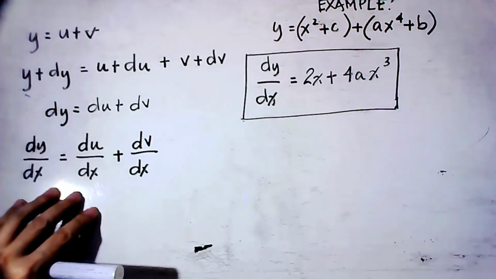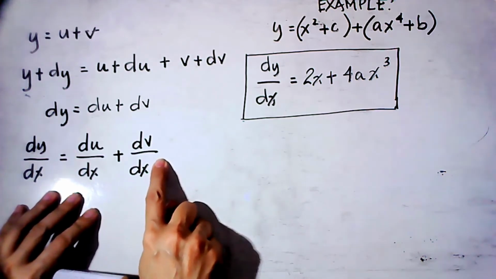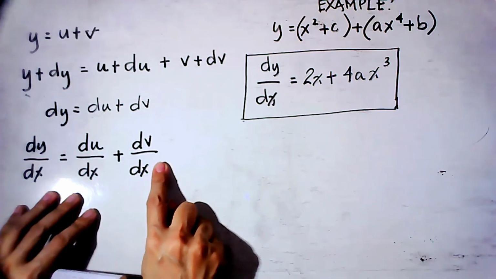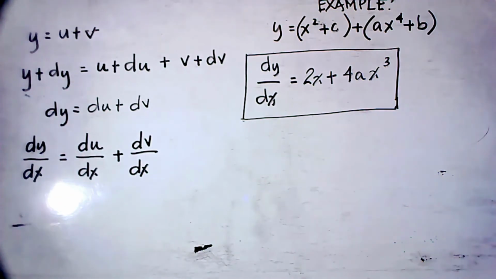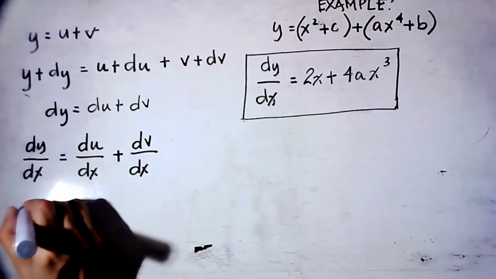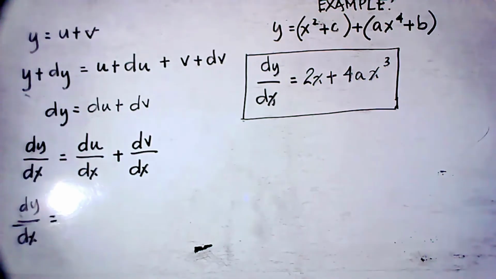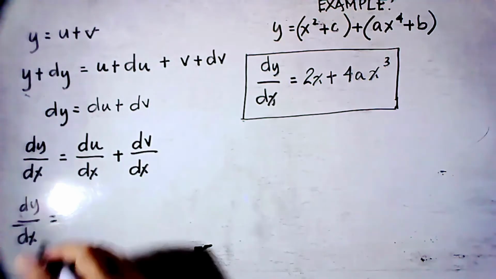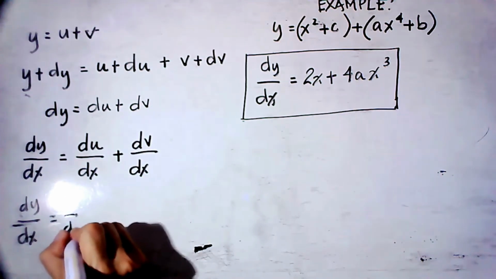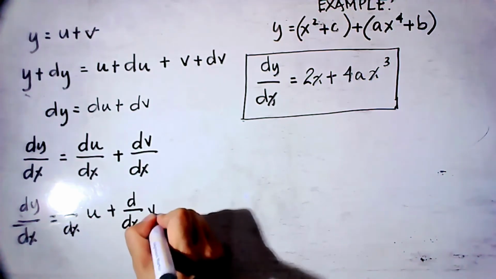So if we are going to make use of this derived formula for dy over dx, all we have to do is, dy over dx will now become d over dx of u plus d over dx of v.